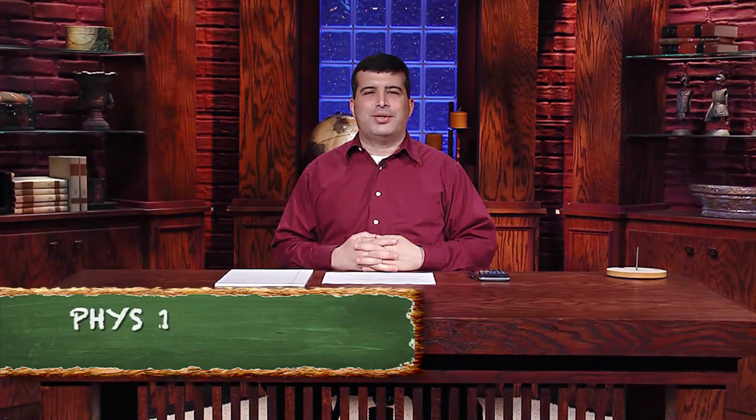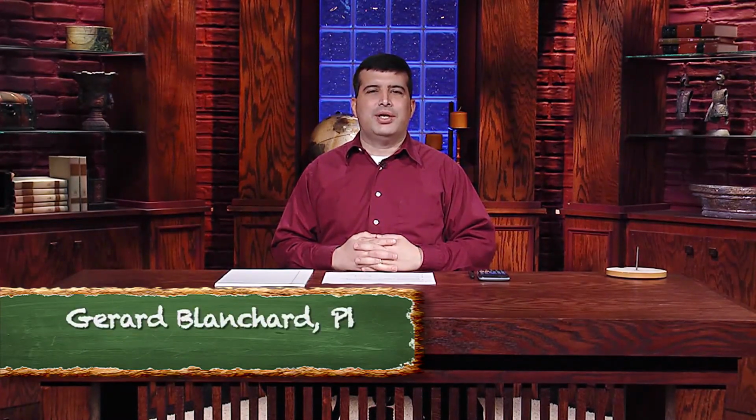I'm Gerard Blanchard. Last time we talked about momentum situations, which were usually collisions or sometimes explosions, and we introduced the idea of coefficient of restitution, which measures the elasticity of a collision.